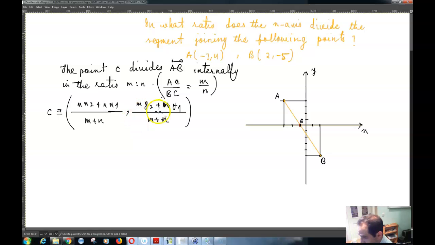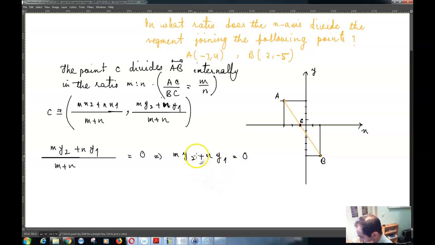And so I know that the y coordinate of this point C is 0. So that means that I can write (my2 plus ny1) over (m plus n) is equal to 0. If this is equal to 0, that means that the numerator is 0. So this means that my2 plus ny1 is equal to 0.